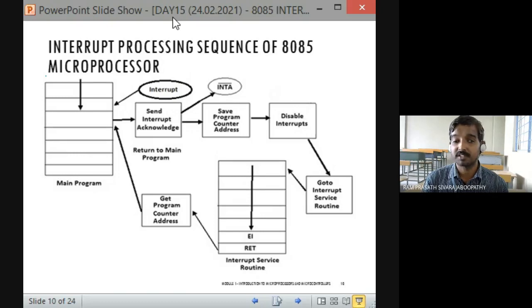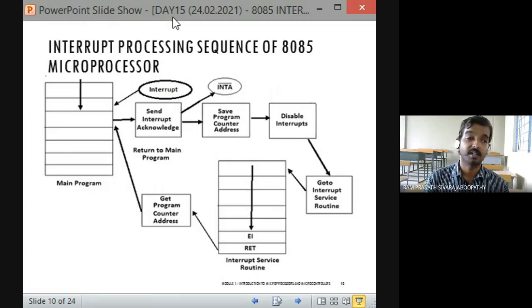Who has to check whether the device requires service or not? In the case of polling, the CPU has to check all the IO devices whether they need any service or not. It reduces the performance of the CPU. Very good, Anthony Surya. Polling is an inefficient method.